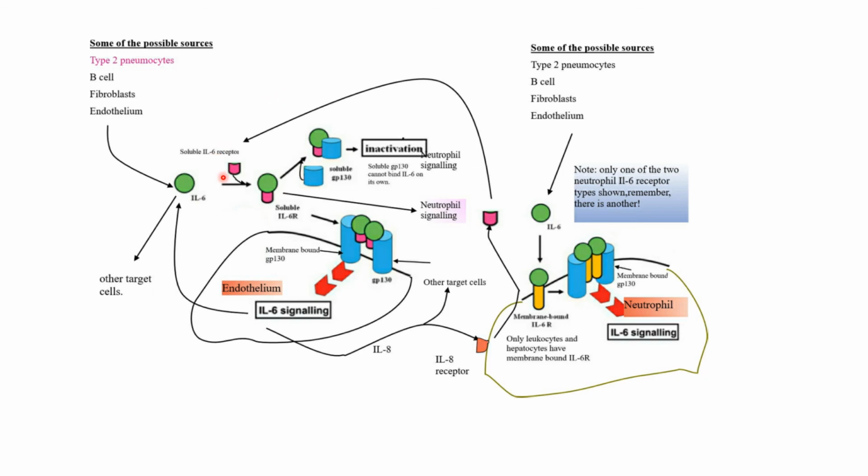The soluble IL-6 receptor binds interleukin 6, and although it will signal in immune cells as well, it will also allow signal to go through non-immune cells. So in the absence of the soluble receptor, IL-6 will only be working through leukocytes. With this receptor, it can do both non-leukocytes as well as leukocytes.